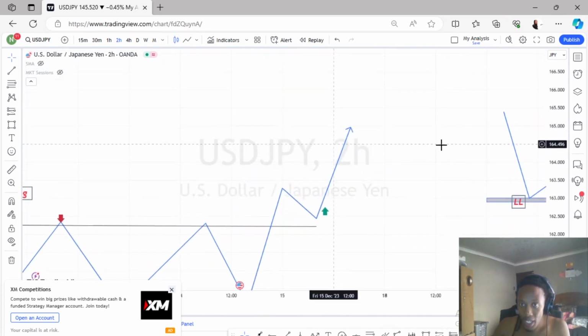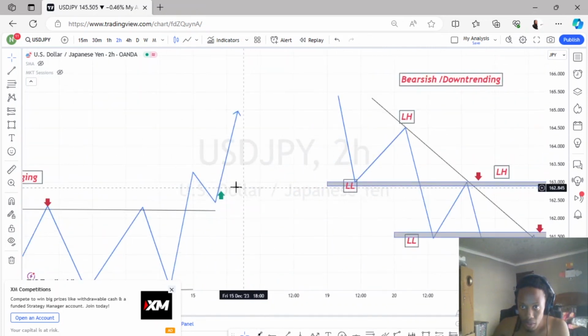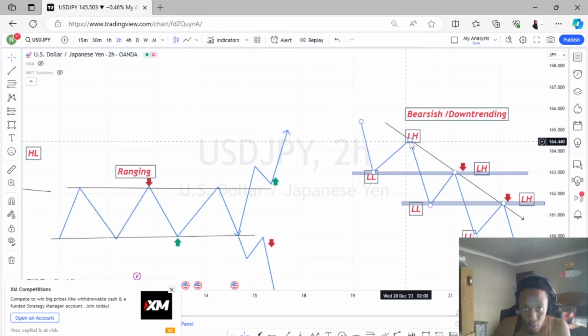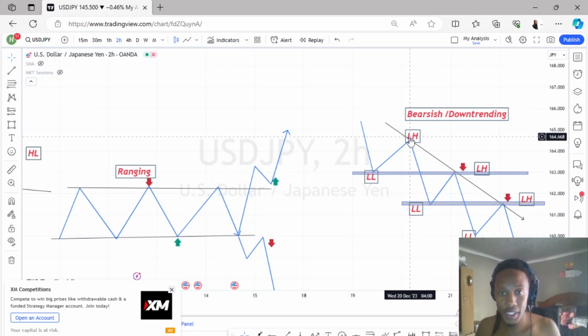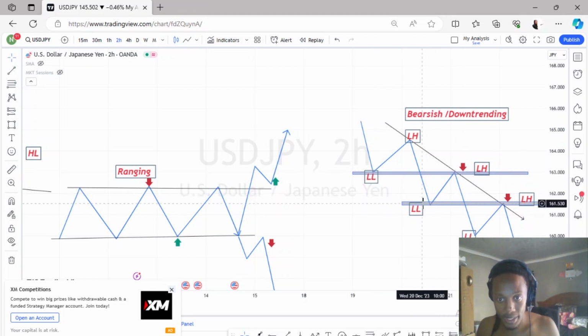We have the lower highs breaking the lower lows, right? It's the opposite of an uptrend, of a bullish trend. So we have this lower high breaking this lower low, this lower high breaking this lower low, this lower high breaking this lower low.